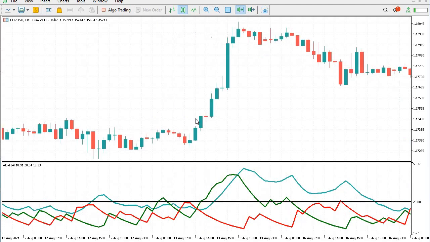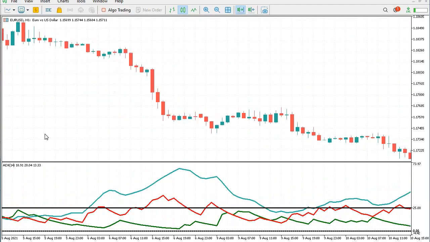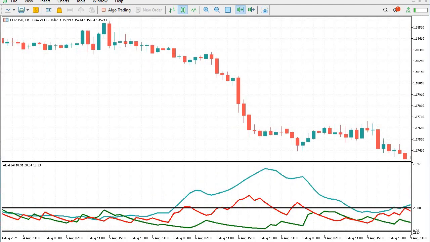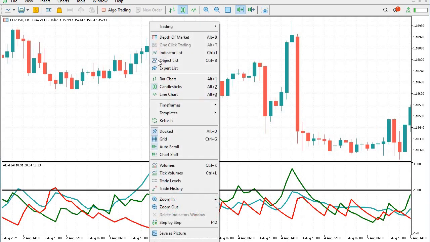As I've said, this thing won't be perfect. All you need to do is to add another strategy or price action, anything that you can add to make sure that it works for you. Or you can just tweak these levels a little bit.